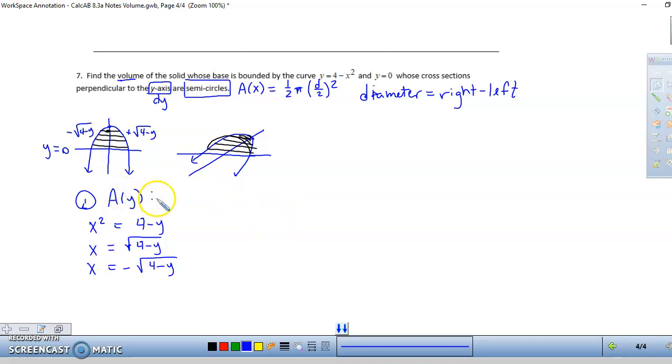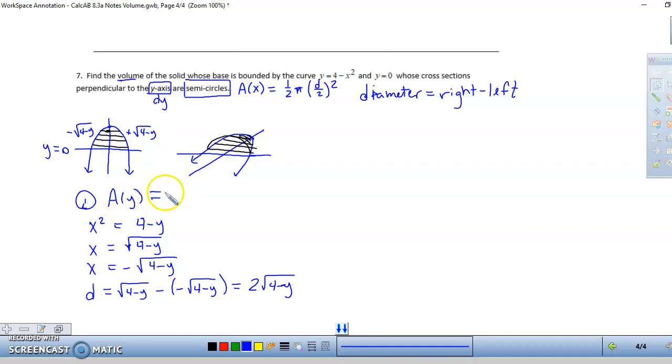Okay, so my a of y would be equal to, well, let's figure out the diameter first. So the diameter is going to be that right minus left. So the right is the square root of 4 minus y, minus, in parentheses, the left, which is negative square root of 4 minus y. And remember, that is the diameter, but we can put it together, minus the negative, so there's 2 of these, and there's the diameter.